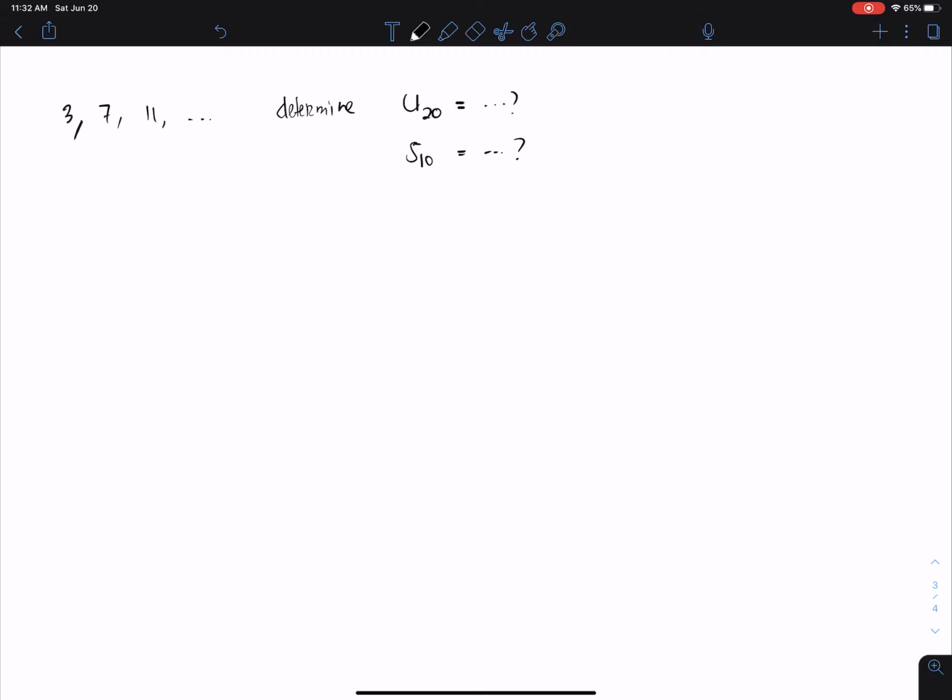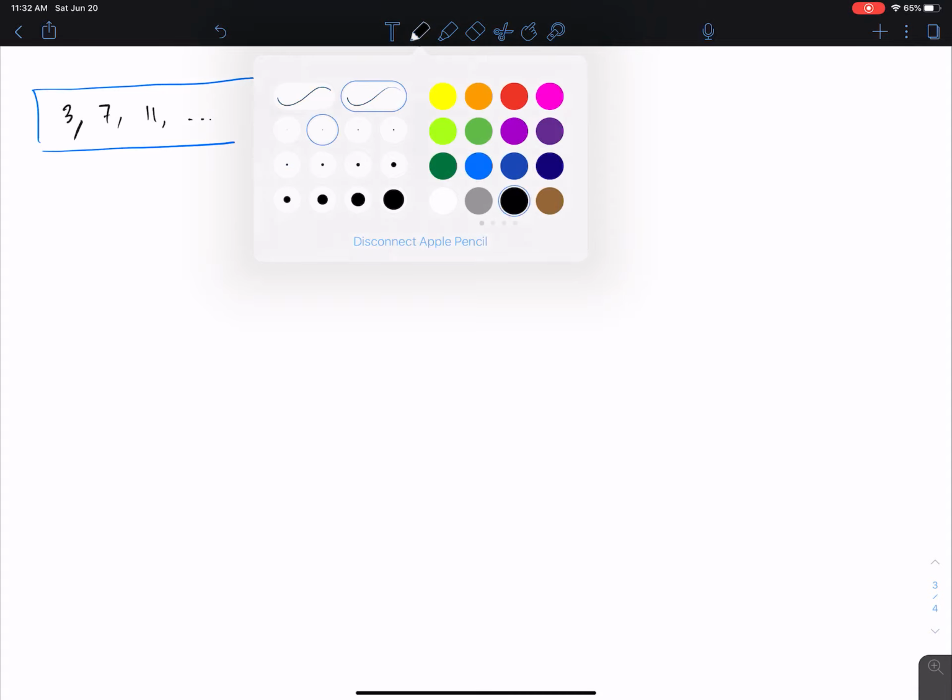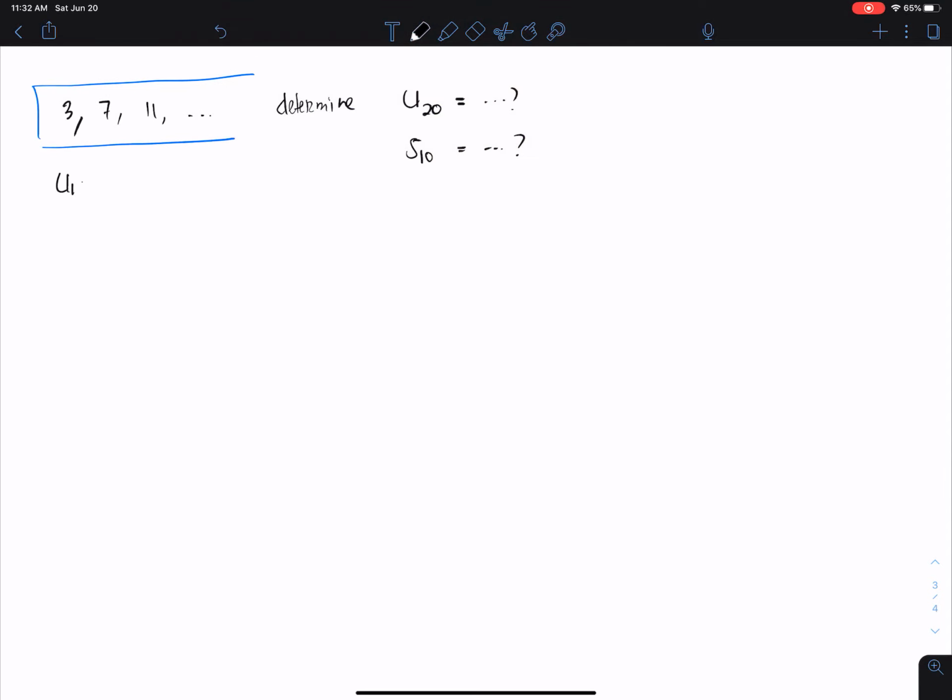Okay, so there are two things we are looking for here. Now we analyze our sequence first. From this one, we know exactly that U1 is equal to 3. And the difference, we can see 7 minus 3 is equal to 4, which is U2 minus U1.